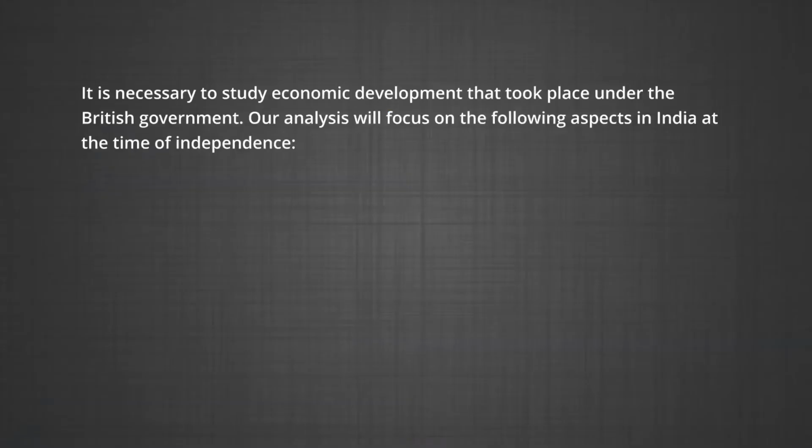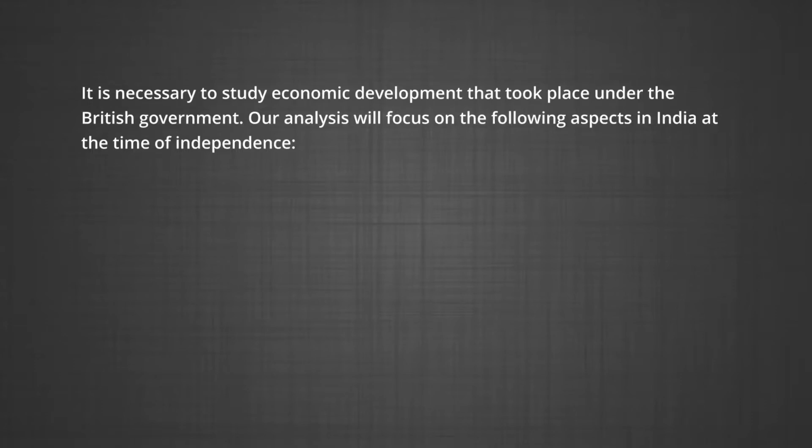When the British left India in 1947, after almost 200 years of rule, the Indian government inherited an economy which was shaped by the British at that time. Hence, it is necessary to study economic development that took place under the British government.